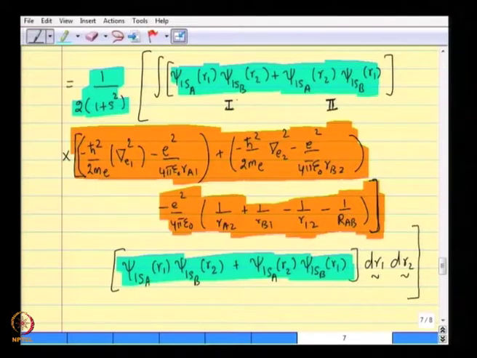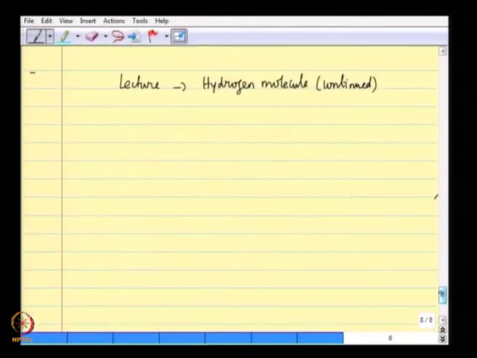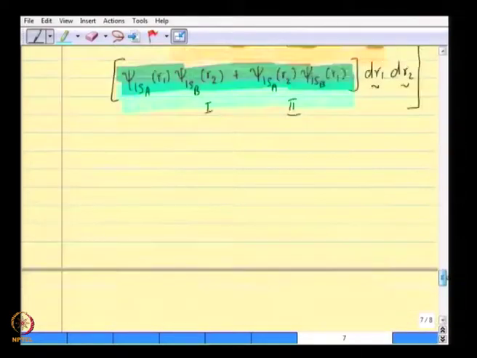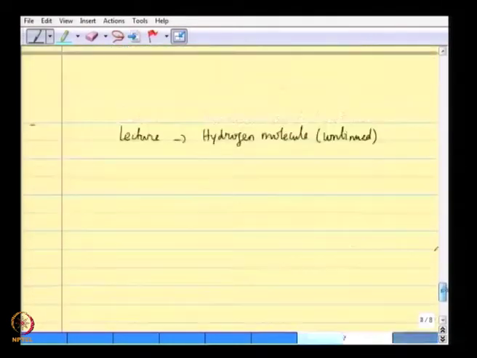So there are three Hamiltonian blocks, which we can call H1, H2 and H3. So a total of how many terms do we have?